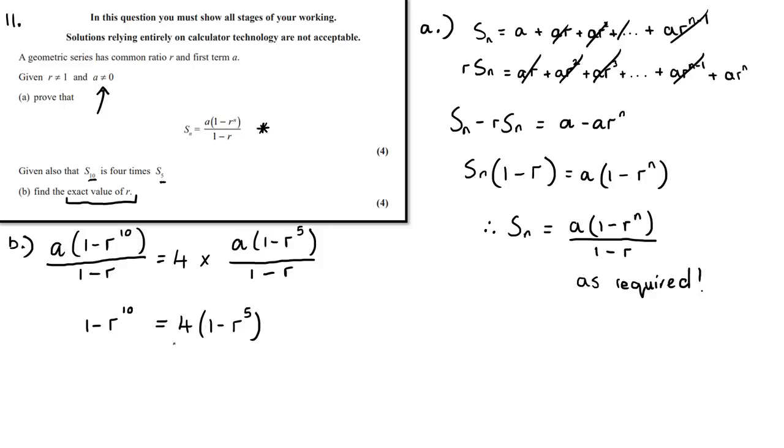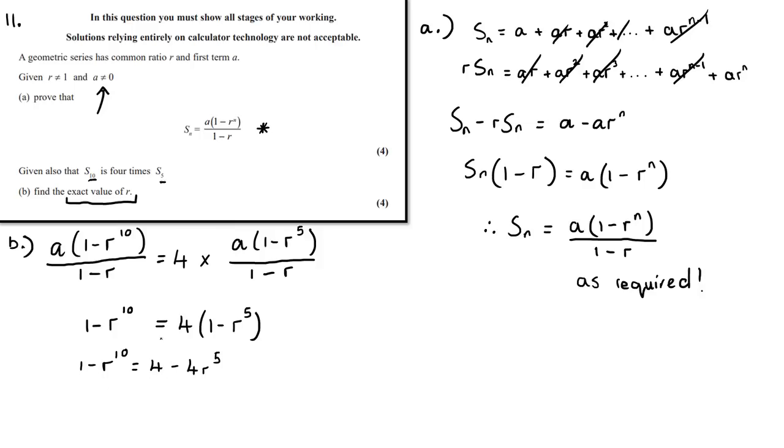So it makes sense now to expand this right hand side here. So we get 1 minus r to the power of 10 is equal to 4 minus 4r to the power of 5. And what I want to do here now is get everything on one side and set this equal to 0 and see if we can actually go on to solve that. So this r to the 10 here would be the first term in this polynomial.